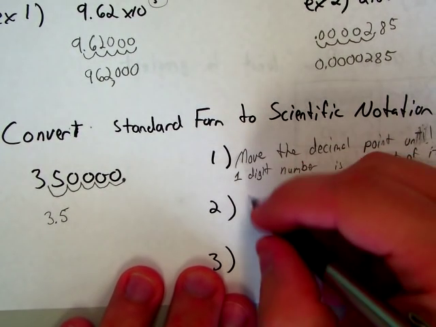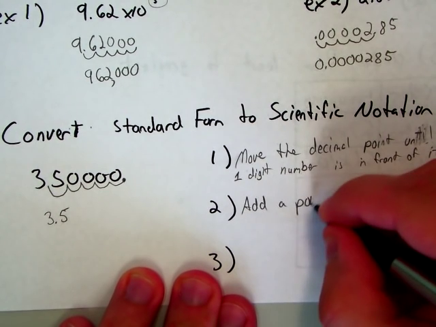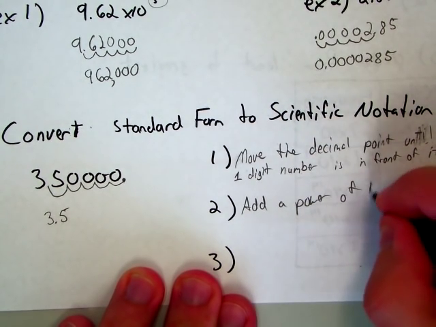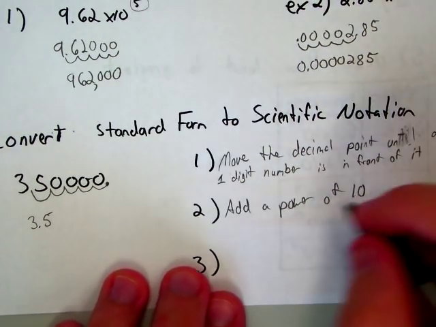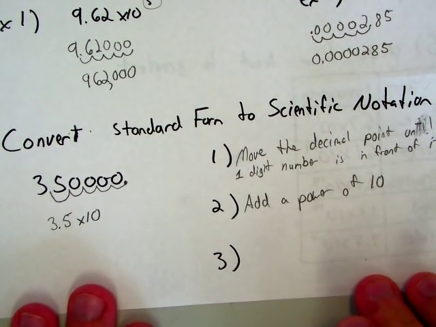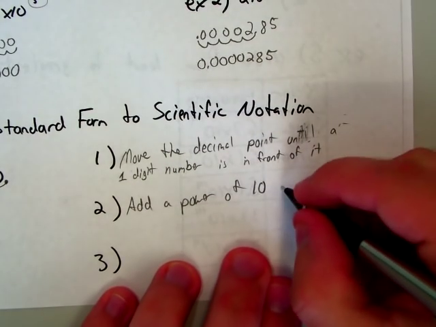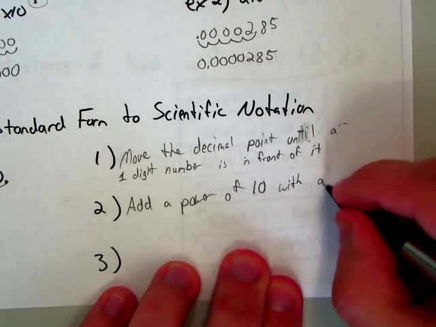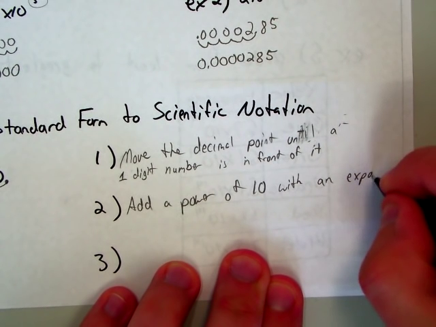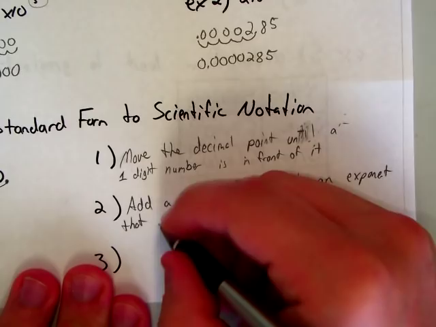The next part is we add a power of 10. So we're going to do add or times 10, with an exponent that matches the number of places moved.